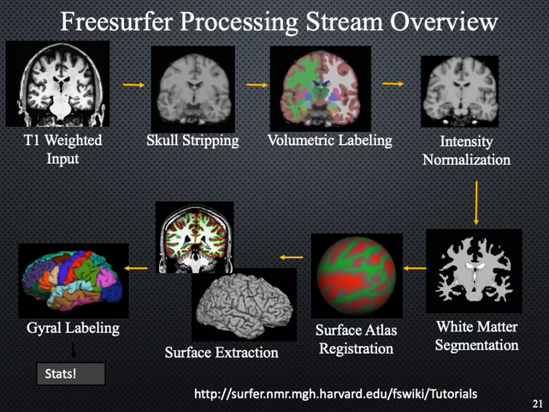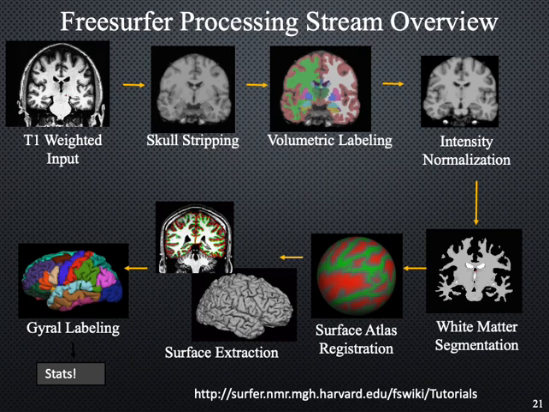It takes our T1 weighted images, does skull stripping, then some initial segmentation of gray matter and white matter, some volumetric labeling of deep gray matter structures, intensity normalization, and then it reconstructs the gray matter surface on top of the white matter.